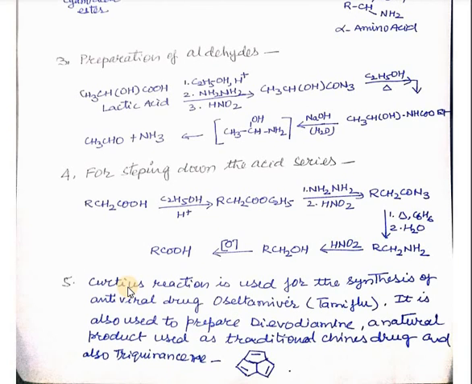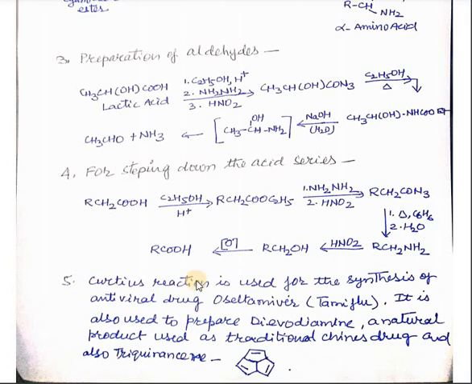Now the fifth application is that the Curtius reaction is used for the synthesis of the antiviral drug oseltamivir, whose common name is Tamiflu. So it is a very good reaction to form this Tamiflu, which is used as an antiviral drug, especially in avian flu.